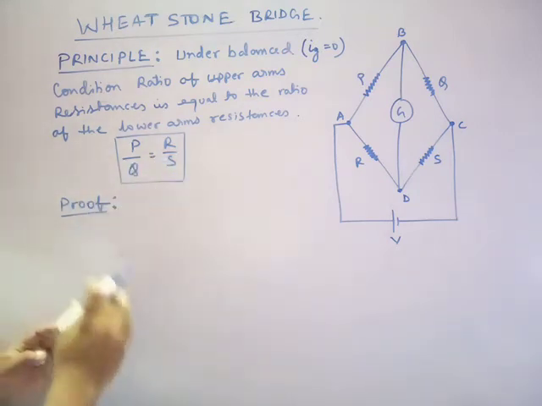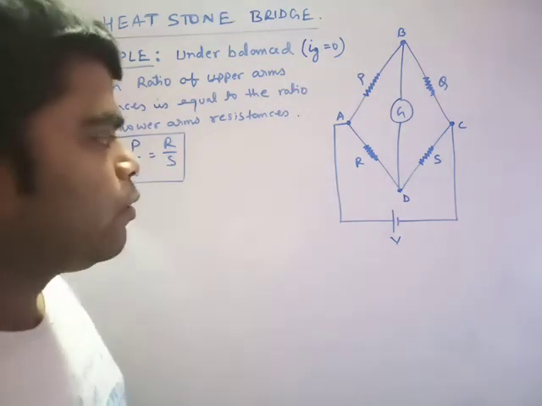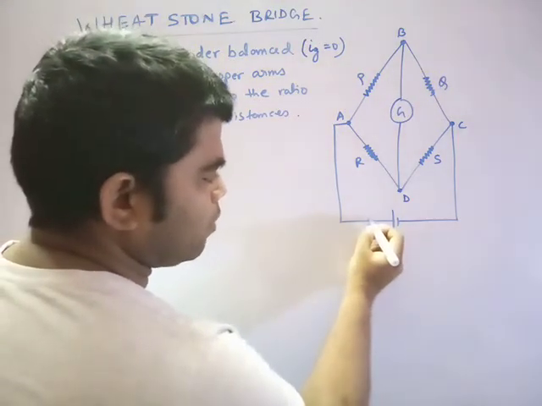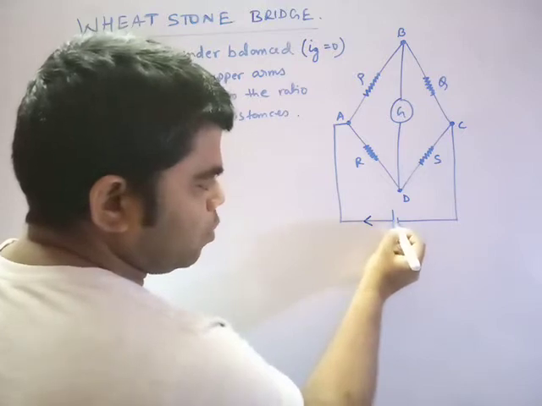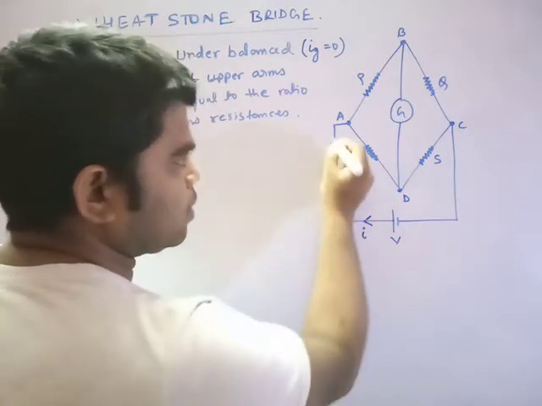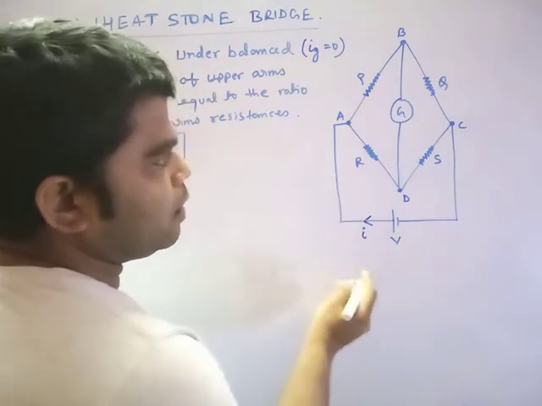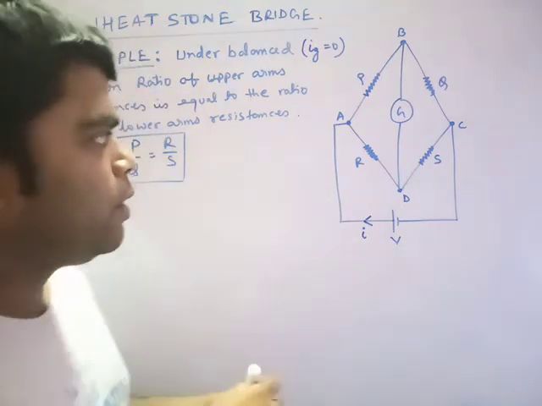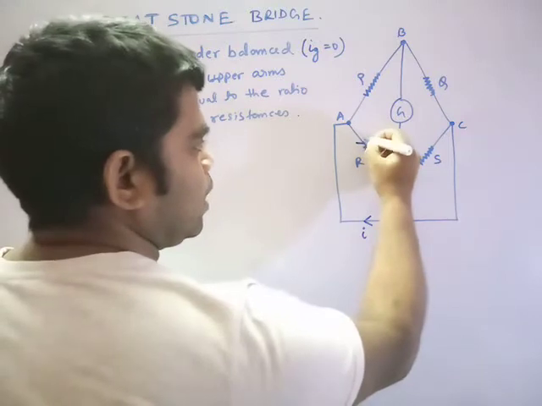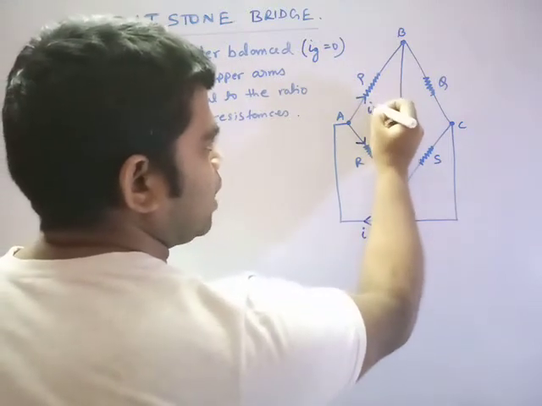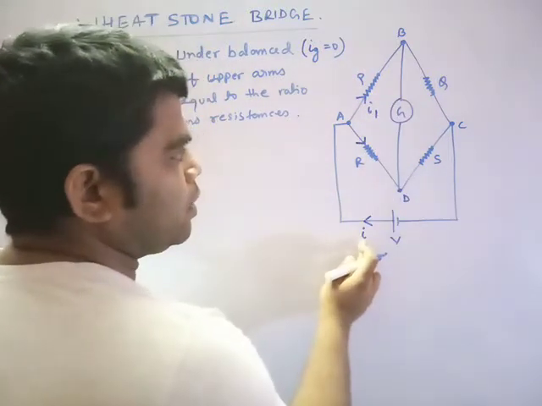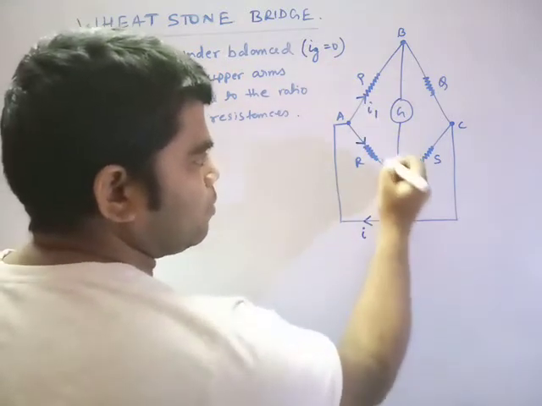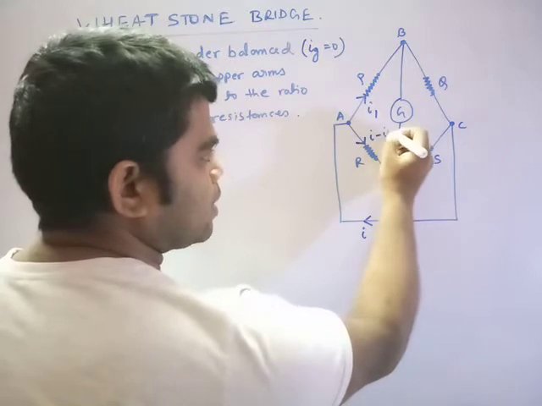To prove it, we are going to use Kirchhoff's law. From the source, let me say the current I is passing. After reaching the terminal, we distribute the current into two different arms. Let's say here it is I1, because I have already written I for the total current. Then the other arm will carry I minus I1.